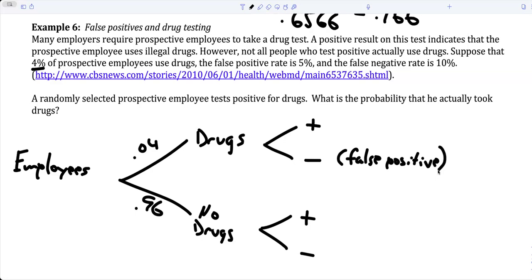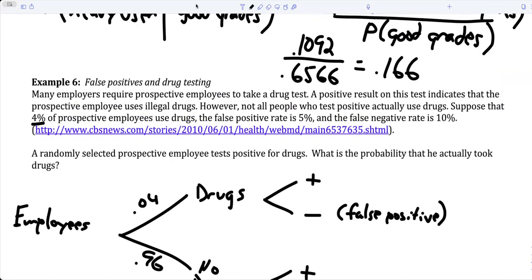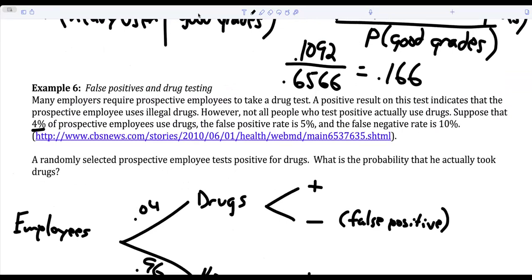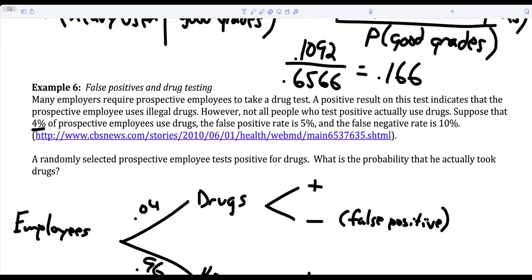However, if they test negative and they are using, okay, and so here, if they test positive, but they are not using, hold on, I wrote that wrong. Sorry, 1 second. Let's try that again.